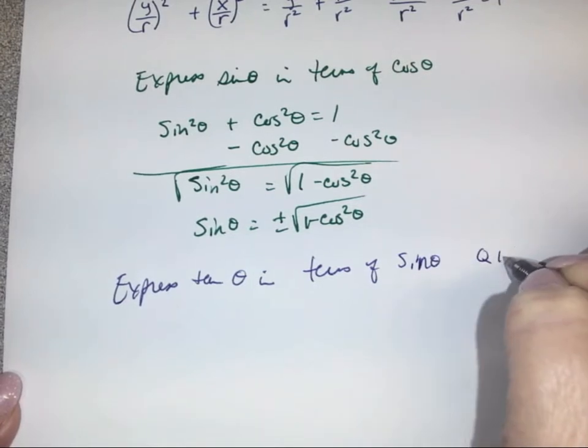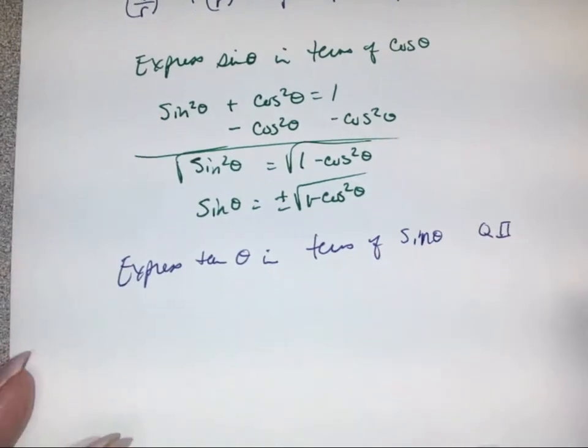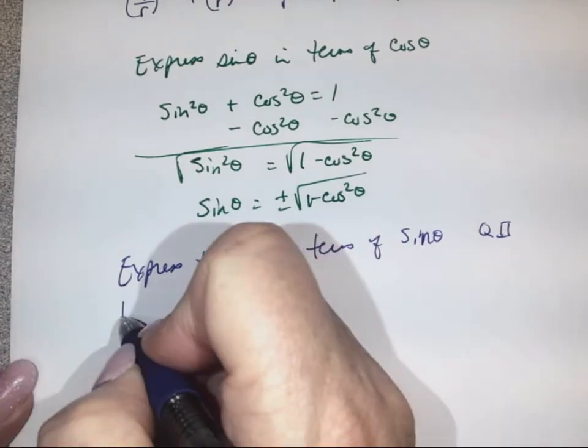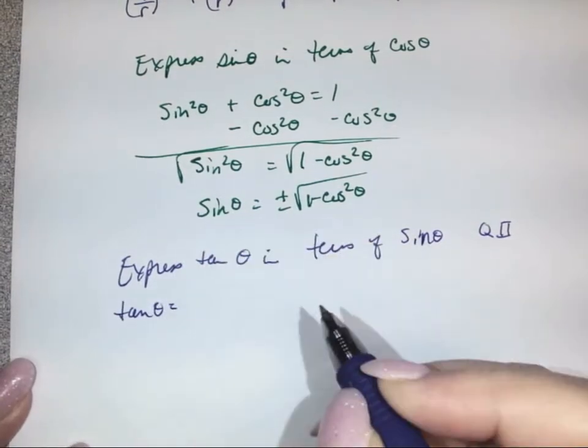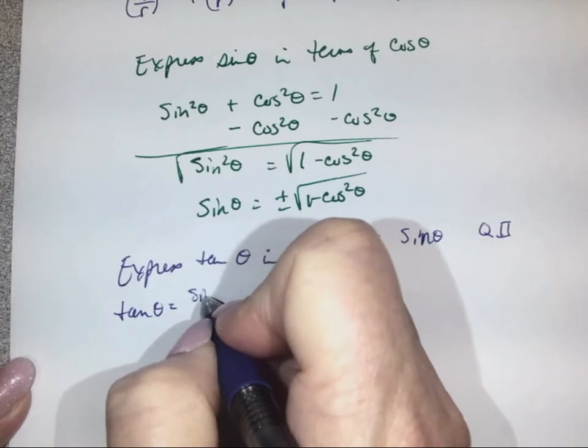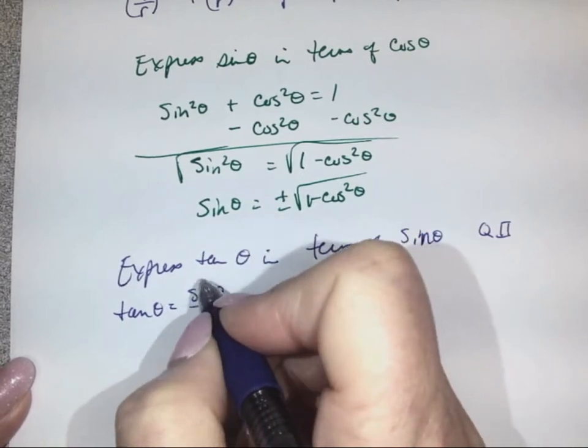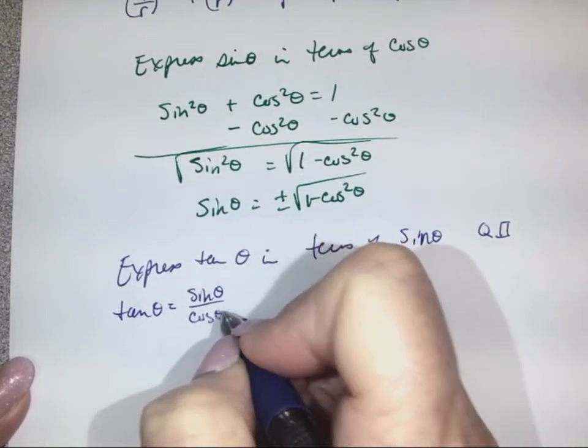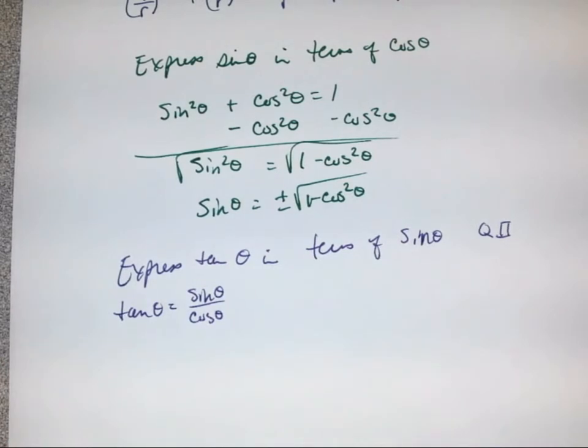And we decide that by the sine, not the cosine. We're told that we're in quadrant 2. All right, so let's start with our tangent theta. Tangent theta is equal to sine theta over our cosine theta. And using the part that we just went over, I'm going to go back over it again.